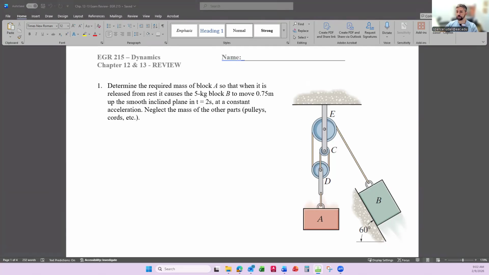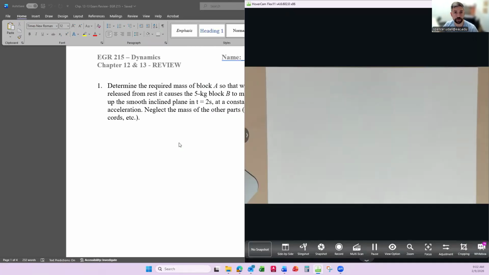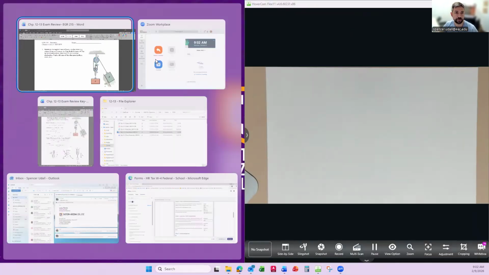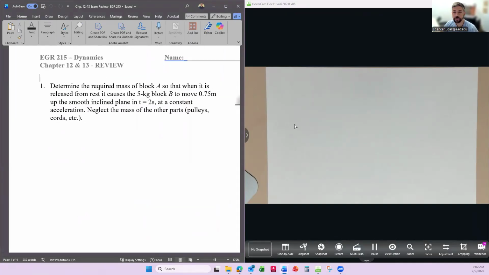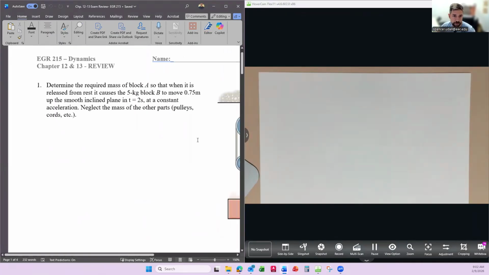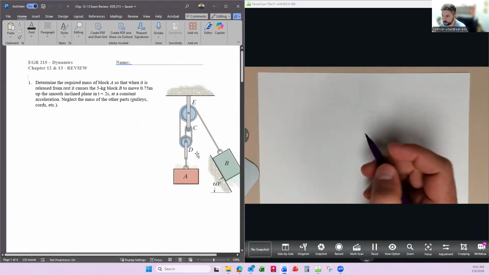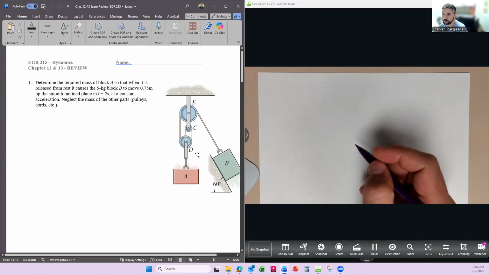There's a couple different ways we can come at it. Let's see if we can split screen this like so. There we go. If we were to come up with our relationship between block A and block B, I think that's going to be a nice thing to know.